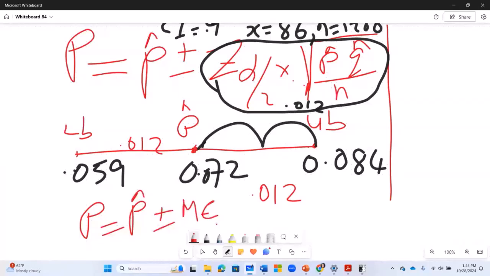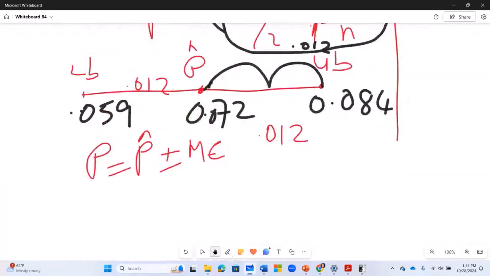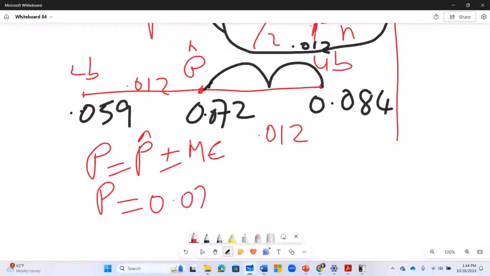By the way, I don't really have to write it, unless I'm told to write it this way. Otherwise, I go straight to the question. So the estimate of the population proportion is the sample proportion I found, 0.72, plus or minus the margin of error I calculated.